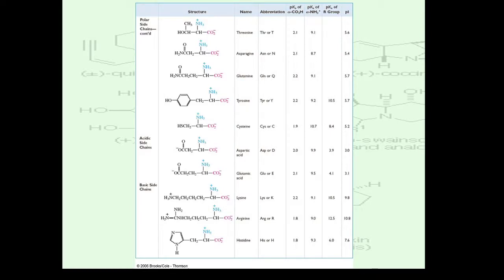Besides having polar and nonpolar, we can also break them down by acidic side chains versus basic side chains. Aspartic acid, and I'm going to tell you this right now: you're going to see the term aspartate, or you'll see aspartic acid.